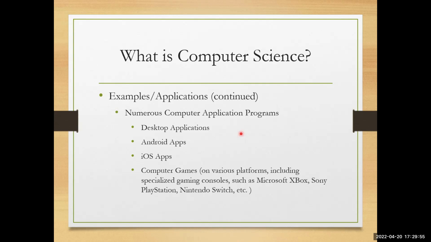All these gaming consoles are built by computer science majors or computer scientists. And then the computer game applications themselves are also developed by computer science majors, like software developers, software engineers, UI developers, and so on. So these are all applications of computer science.